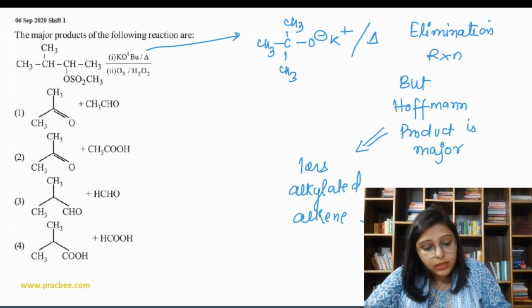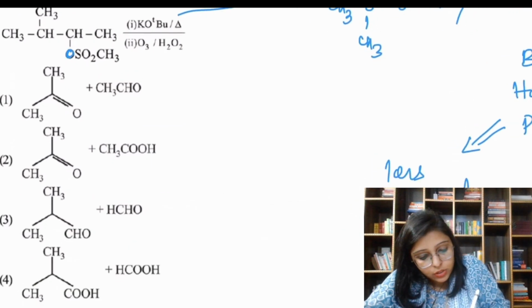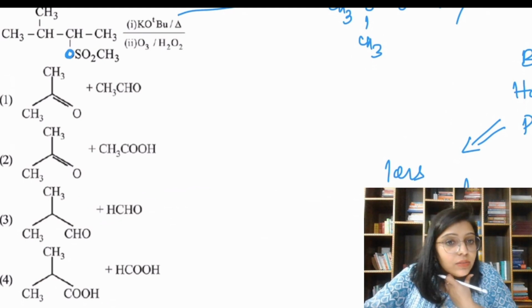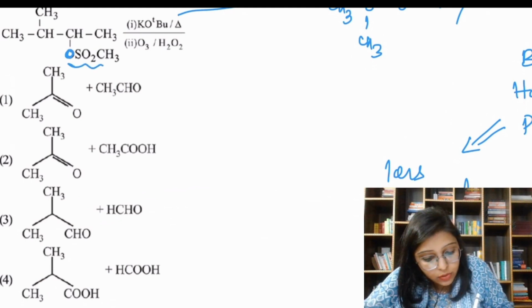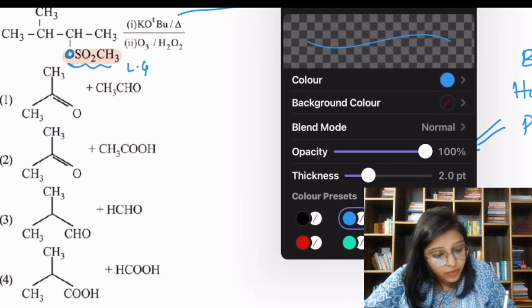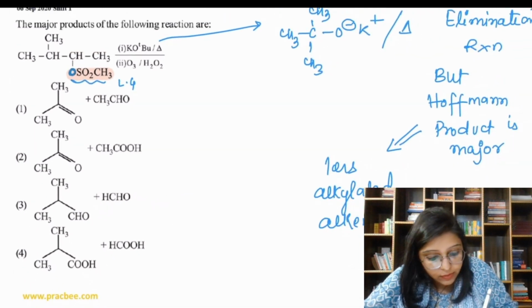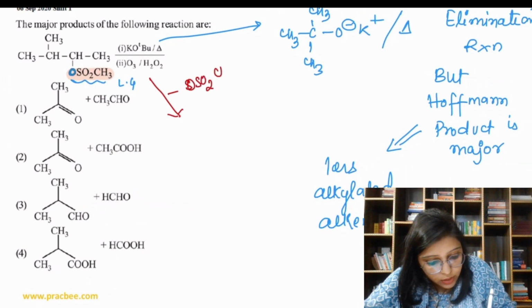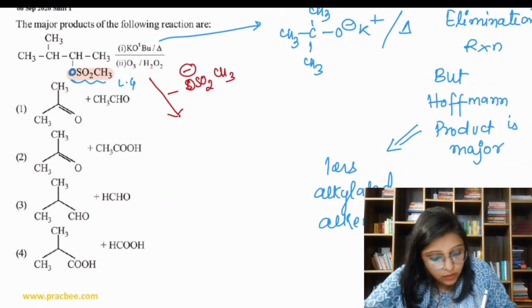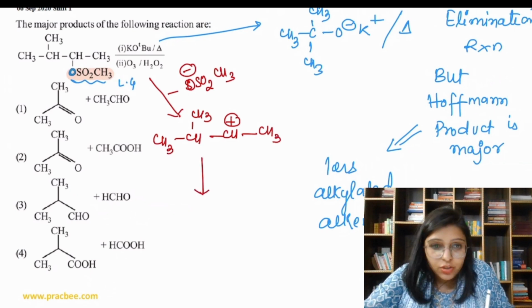So here what is the leaving group? Any group which starts from oxygen is going to be a leaving group. So this is the leaving group. When the leaving group leaves, minus OSO2CH3, we get CH3, CH, CH3, now CH positive CH3. So we have to do Hofmann elimination.